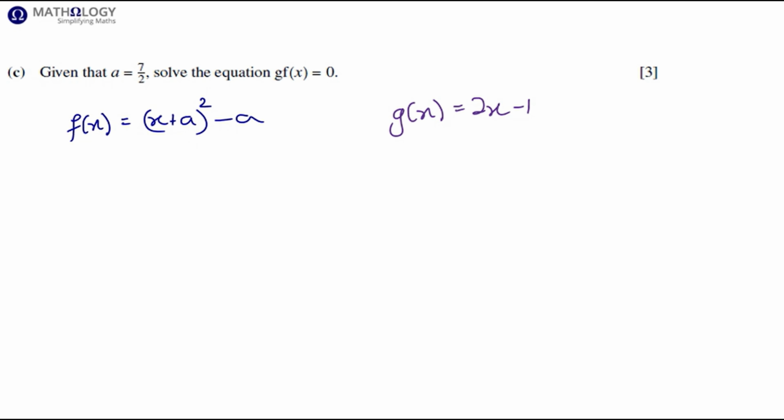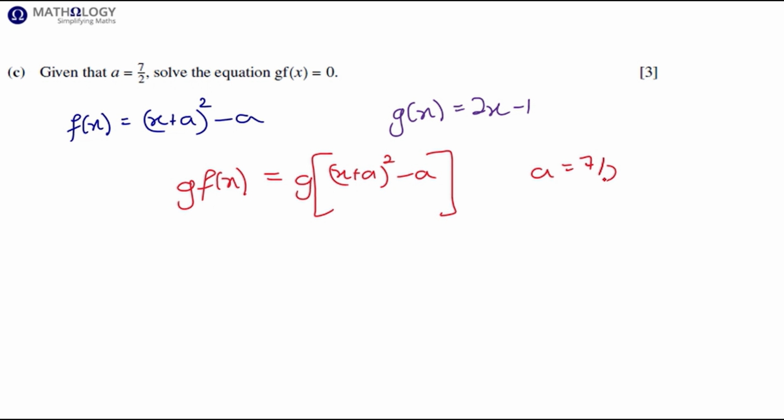Given that a equals 7 over 2, solve the equation g of f of x equals 0. So g of f of x equals g of (x plus a) all squared minus a, and they told us that a equals 7 over 2.